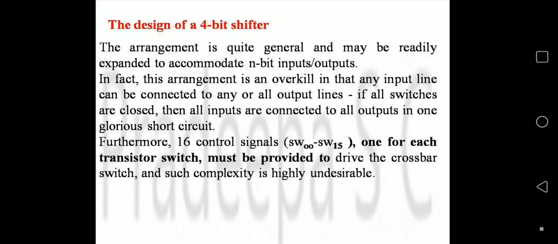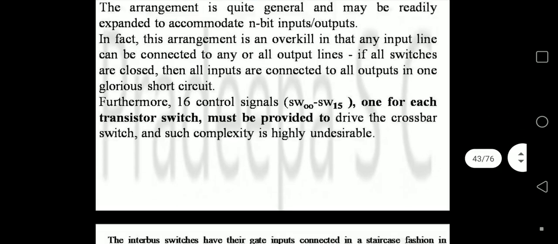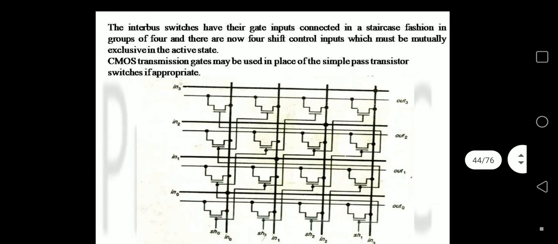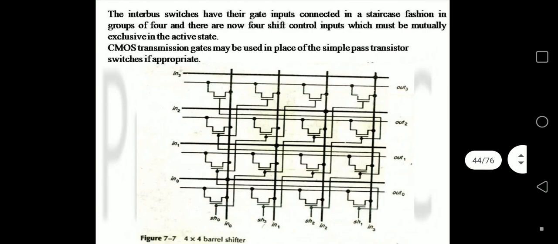Further, this 4x4 crossbar switch will consist of 16 control signals, SW0 to SW15, one for each transistor, each switch. Okay, here because of this the complexity increases, the cost increases, and the area also increases.